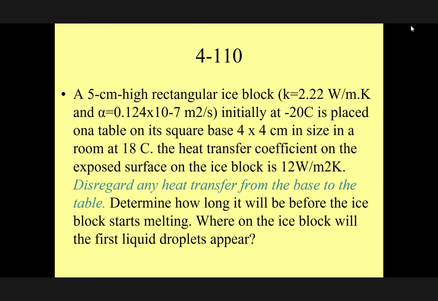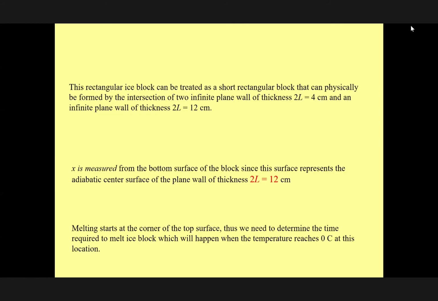Therefore, you have to have some idea where is the most possible place to start to melt. This is something that we need, because then we go and do the calculation for that point. Therefore, here melting starts at the corner of the top surface. Why top surface?